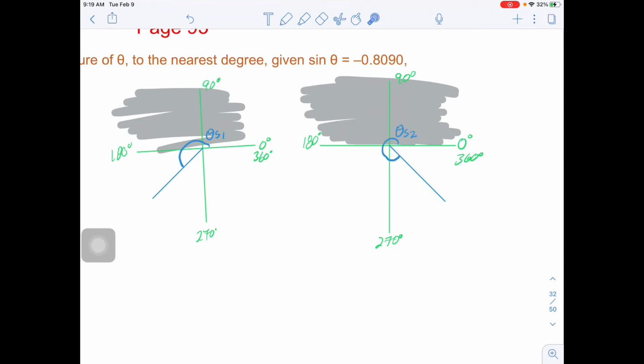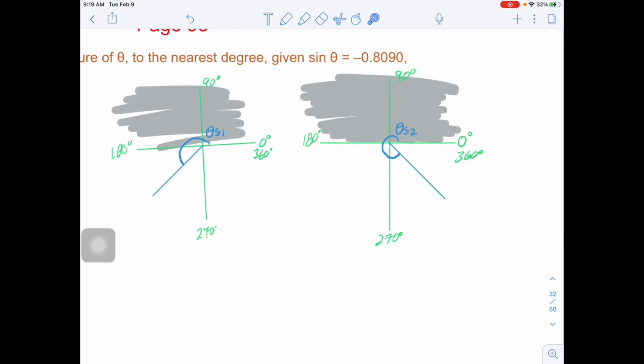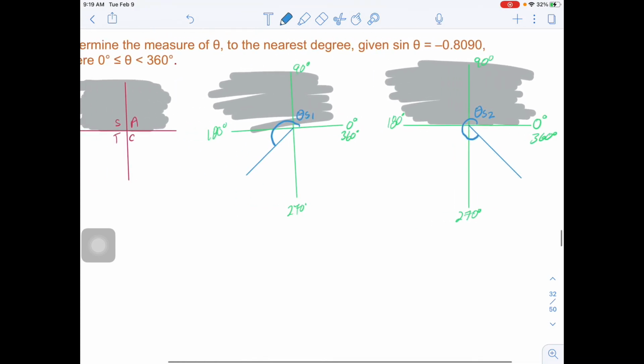So now we have the ability to see here, we have two possible solutions that exist within our restriction that can cause sine angle to equal this number here. Now in this case, we are going to ask ourselves, how do I solve for this angle? Well, again, let's plug in the value. Let's use our Math 10C rules. And our first step will say sine angle equals negative 0.8090.